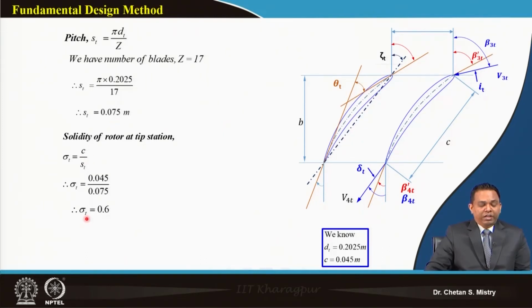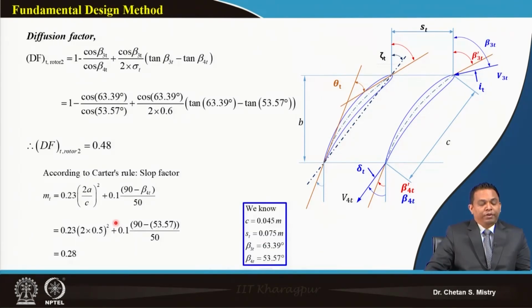And my solidity, if we put our chord to be 0.045, is coming 0.6. We can do our calculation for the diffusion factor at our tip region, and if we put in our numbers beta 3, beta 4 and my solidity, it is coming 0.48 near the tip region.